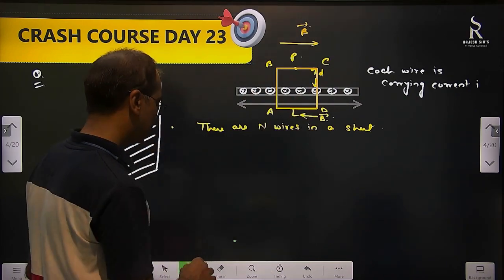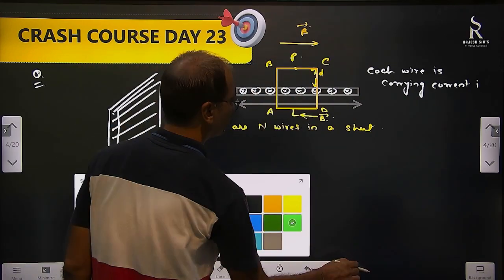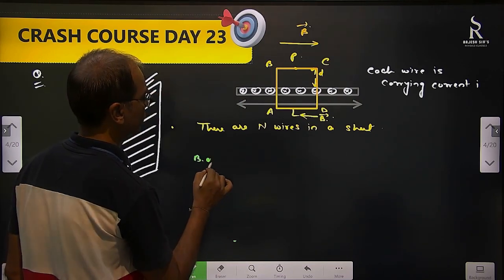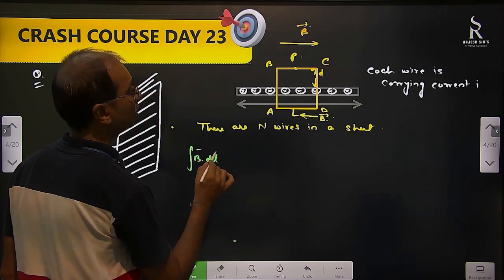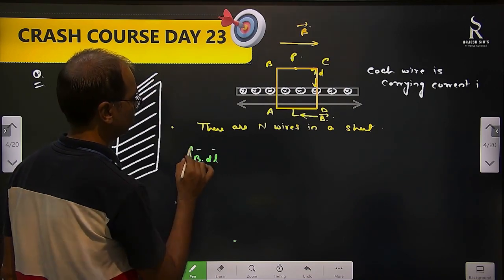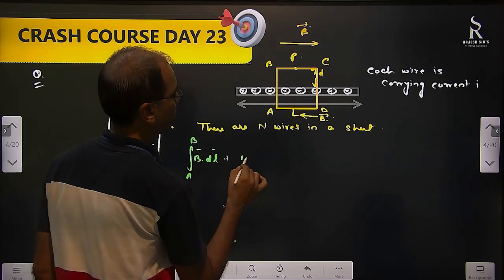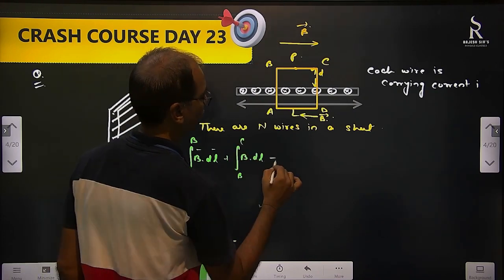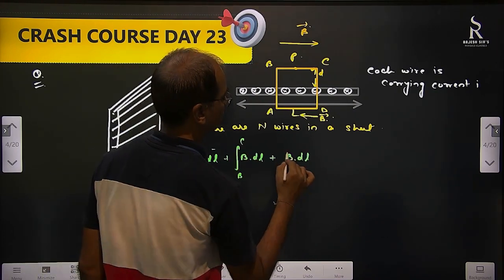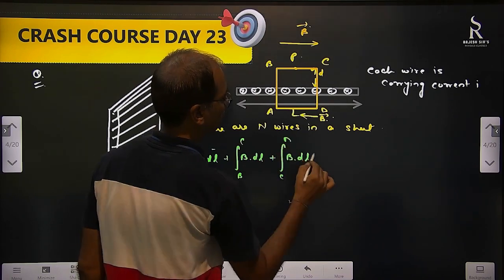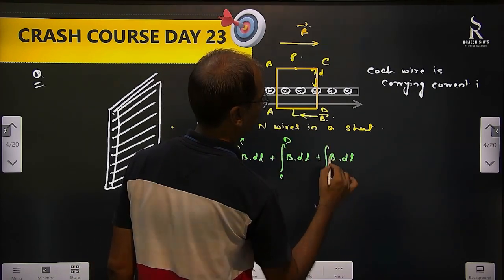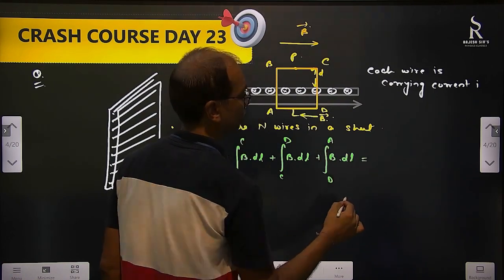Okay, so let's write Ampere's law. We are going to write B dot dl from A to B, plus B dot dl from B to C, plus B dot dl from C to D, plus B dot dl from D to A, equal to mu naught I inside.